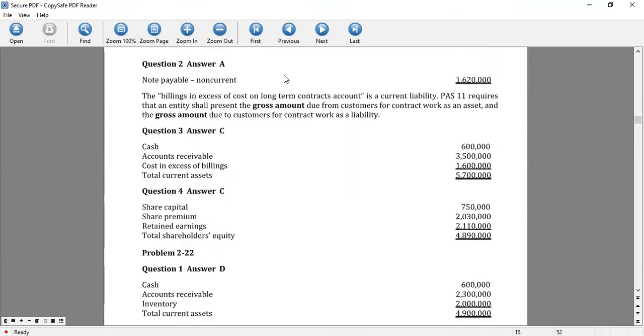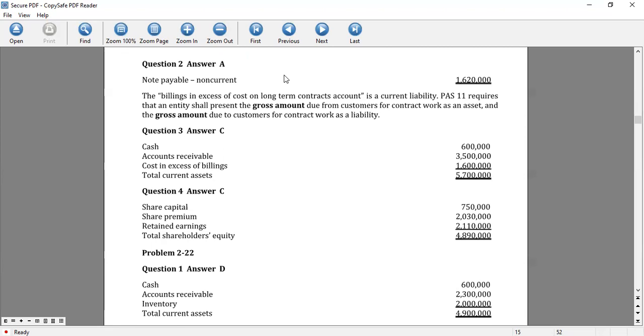Next question, in this same number, we have now question number 2. The total of the non-current liabilities. So, notes payable is non-current. It's 1,620,000. The billings in excess of cost on long-term contracts account is a current liability.